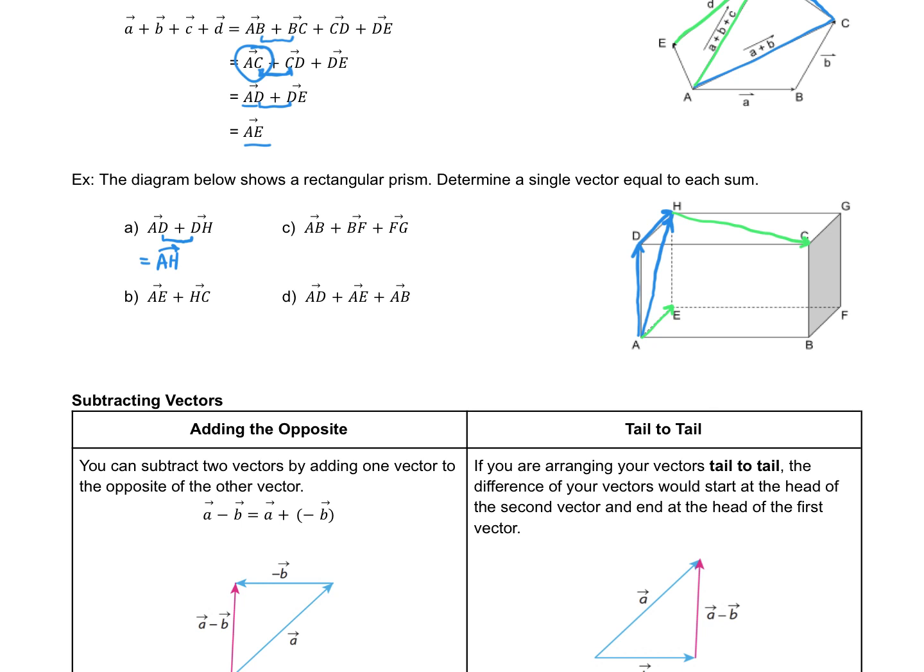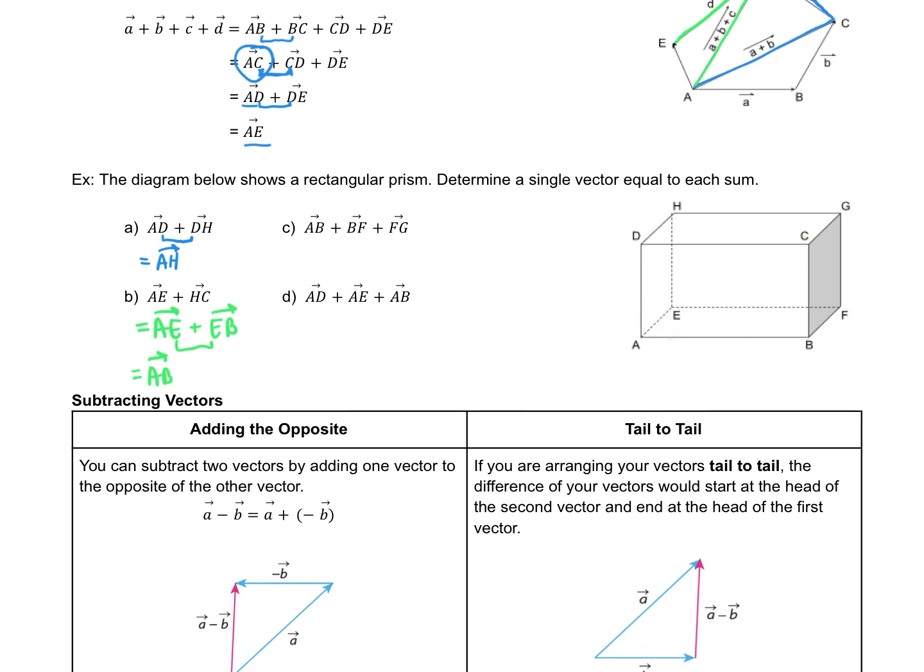Well, vector HC is equal to vector EB. So I can write that out if I want to, or I could just use the visual. And now I can see that we're arranged head to tail, so the vector must be AB, which my visual would also show.